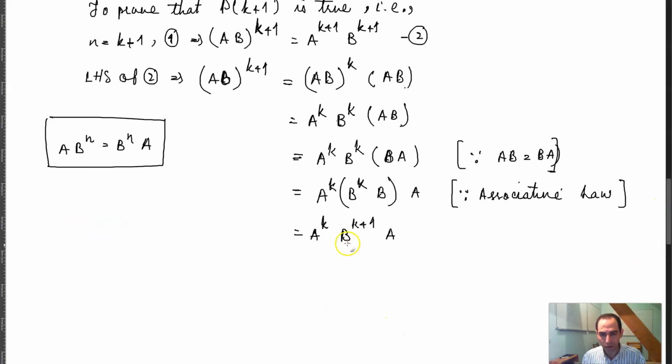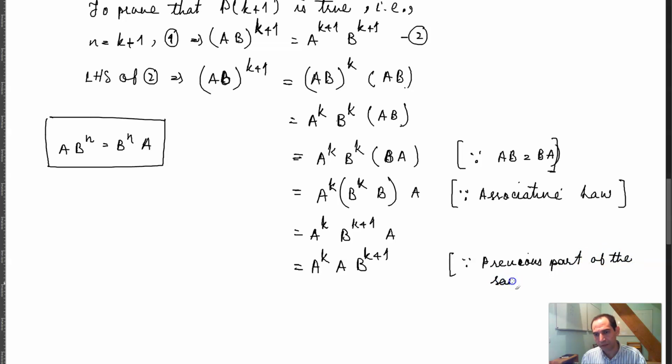So basically the same constraints that we have on A and B here, we have on the same theorem that we proved. So I can use this theorem, which means that I can write this as A raised to the power k times A times B raised to the power k plus 1. And that is because of the previous part of the same exercise.